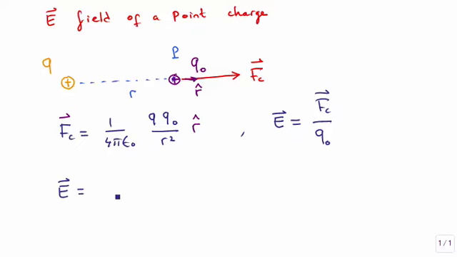Substituting the explicit value of Coulomb force, we will have 1 over 4 pi epsilon 0 Q Q0 over r square times r unit divided by Q0.